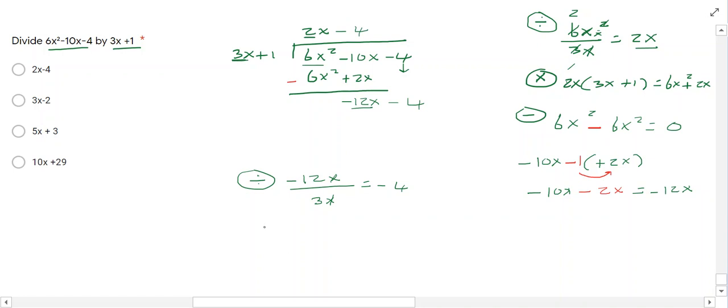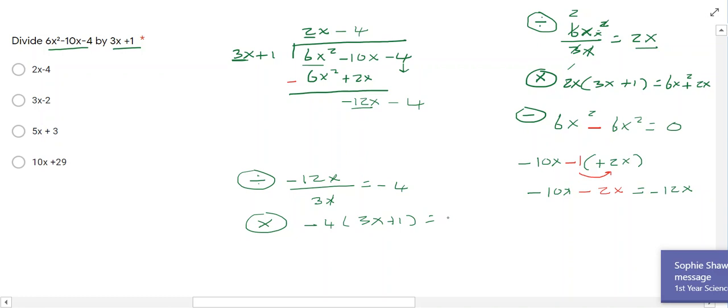Now we enter the multiplication phase again. So again, we're multiplying this answer by this short expression. So it's going to be minus 4 multiplied by 3x plus 1. And that will be equal to, so minus 4 multiplied by plus 3x, that's equal to minus 12x.